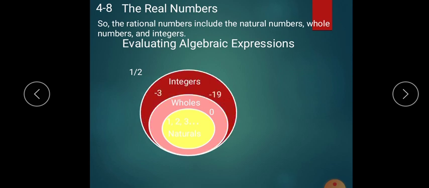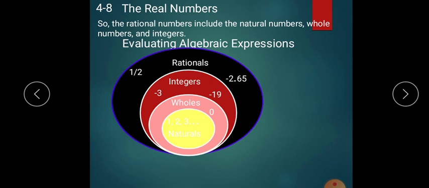Integers include natural numbers, whole numbers, as well as some negative numbers. So natural numbers, whole numbers and negative numbers together become the set of integers.